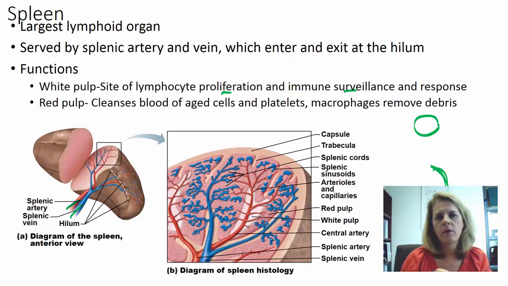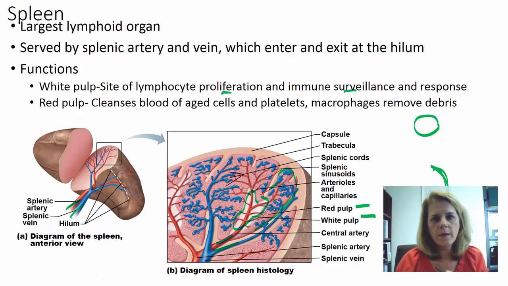And then we have the part of the spleen that's getting rid of red blood cells. So if you look at how these arteries and veins are spread out into the spleen, you'll see what's called white pulp, which are these white areas, and then the red pulp, which are these red areas. And so the white pulp, this is where we're surveying and responding from the immune system.